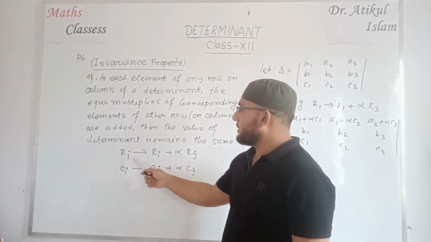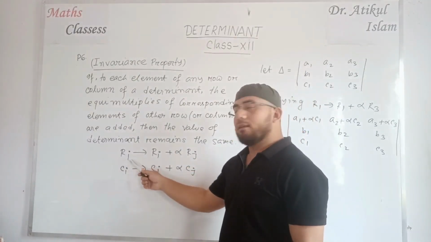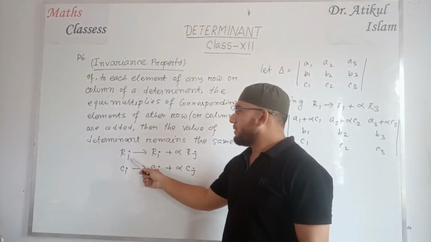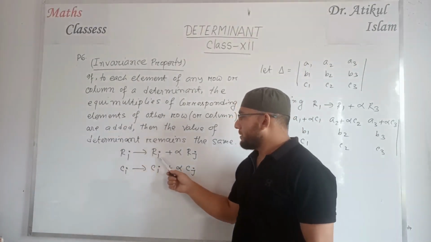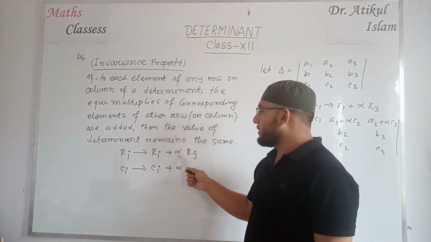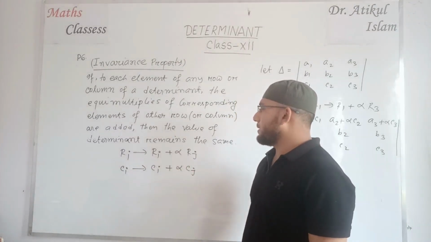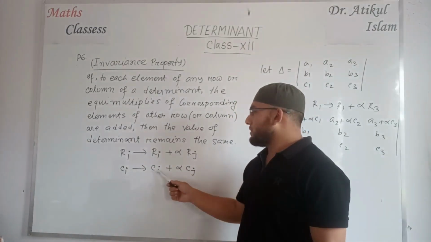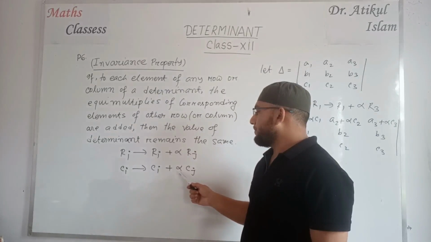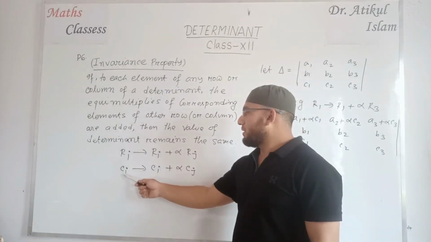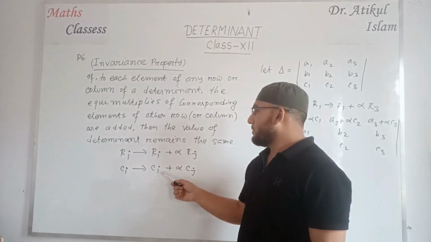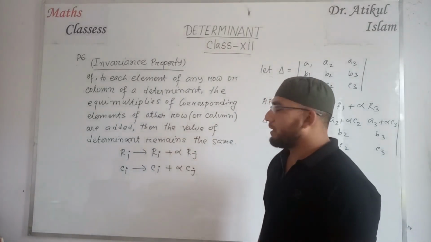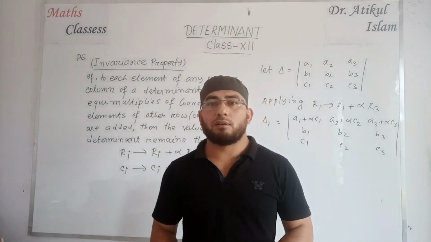Symbolically, you can write that if you change the Ri row by Ri plus some constant alpha into Rj, or if you change the Ci column by Ci plus alpha Cj, then the value of the determinant remains the same.